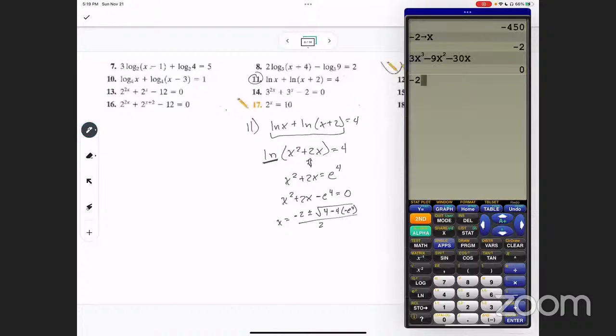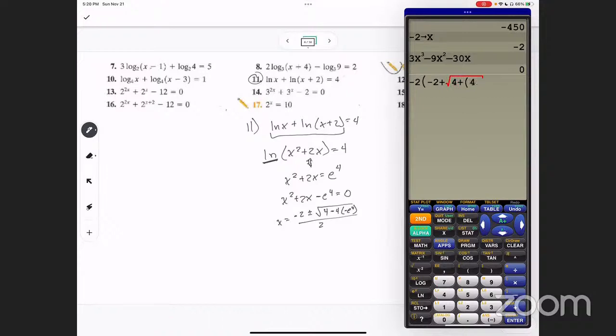So we have negative 2 plus the square root of 4... actually it's going to be 4 plus, right? 4 plus, because a negative times a negative is a positive.